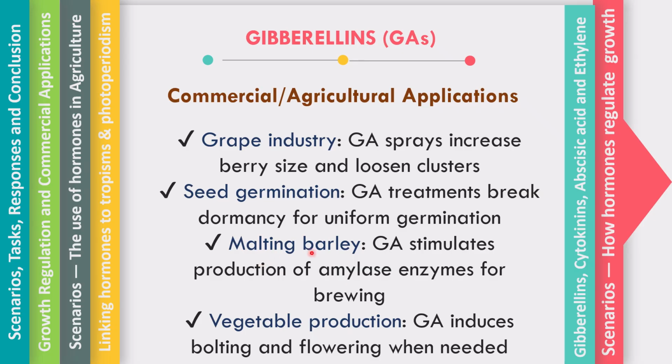In malting barley, gibberellin stimulates production of amylase enzyme for brewing. In vegetable production, gibberellin induces bolting and flowering when needed.